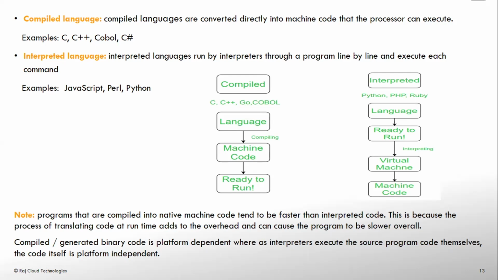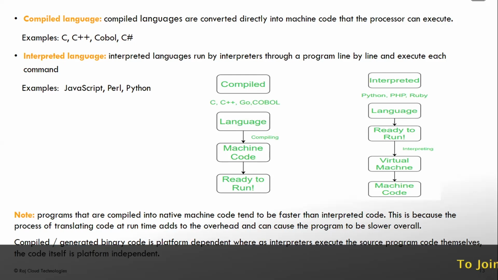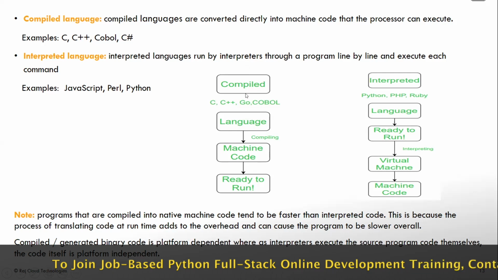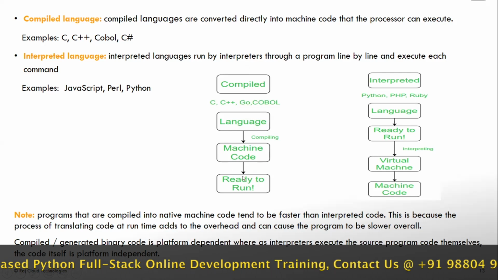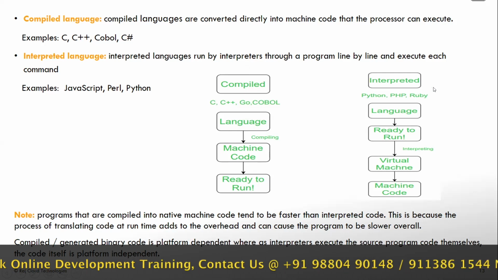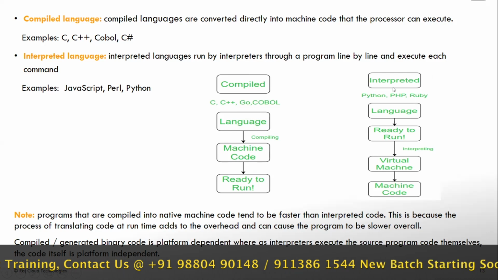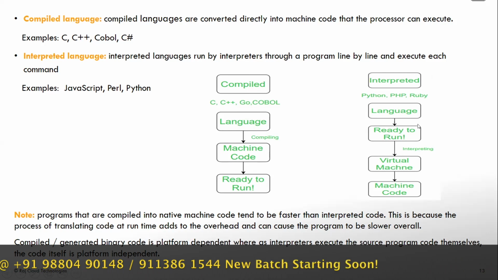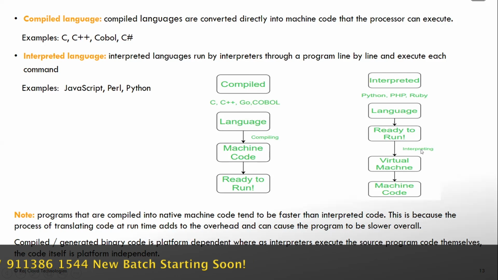When you run it, at runtime, it will convert to native language and then execute. There is a small diagram here. A compiled language is converted to machine language and then is ready to run. But an interpreted language is converted at runtime to machine language and then that machine code is executed.